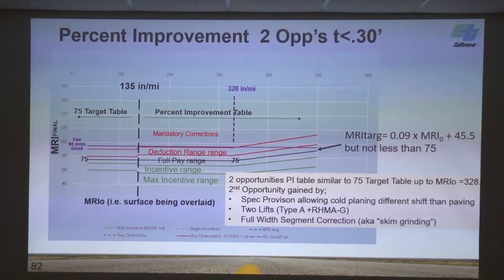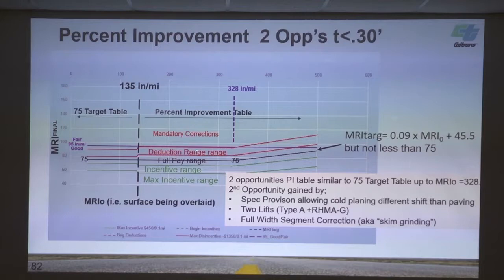And then the incentives and disincentives are based on 10 and 25% above that number, which is a little bit different than the 80 and 90 that we had under the regular target tables. So designers are being trained that if you have an existing surface that's over 135 up to the 300s, with two opportunities we're going to end up, by spec, with something less than 95.